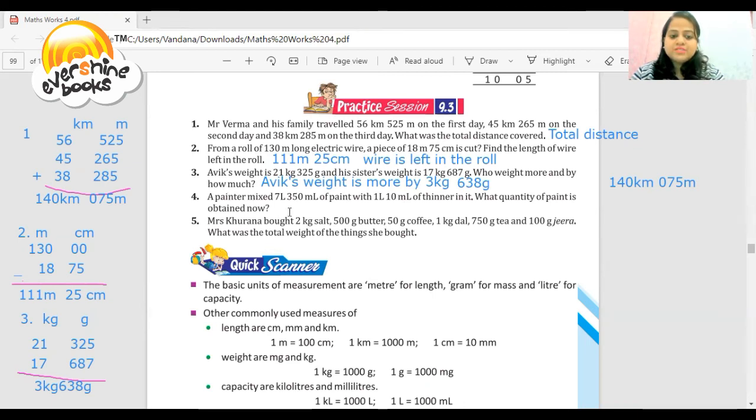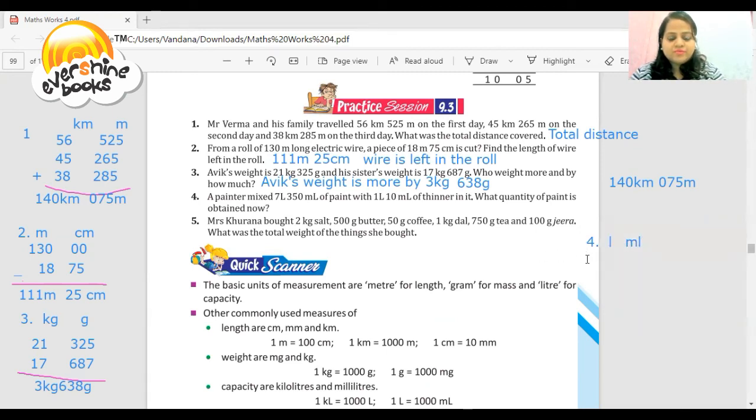Okay. Now come to this fourth question. A painter mixed 7 liter 350 milliliter of paint with 1 liter 10 milliliter of thinner in it. What quantity of paint is obtained now? So you have to do the addition. Right here, your answer number 4, in liter and in milliliter form.